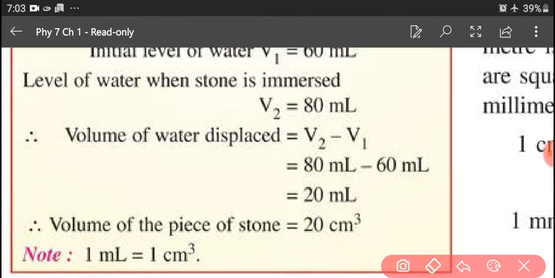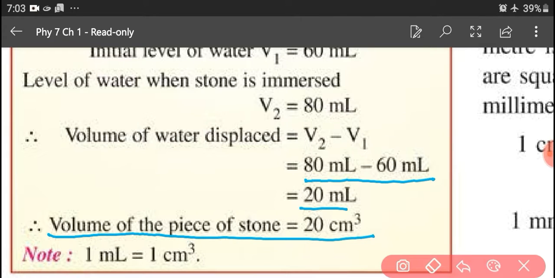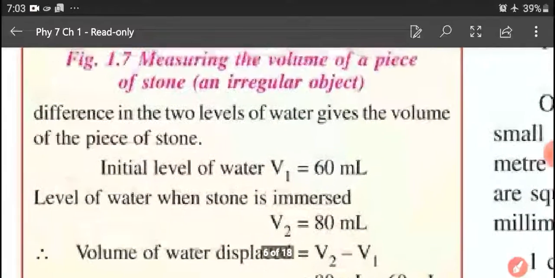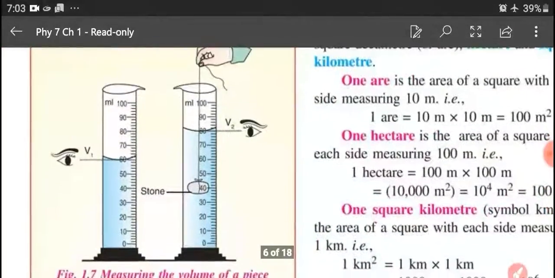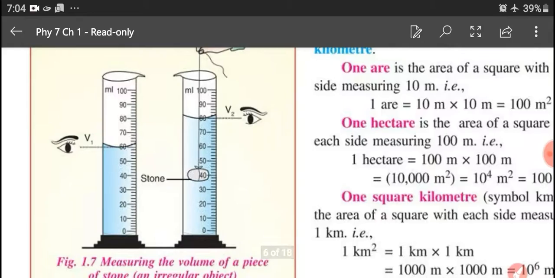Then 80 ml minus 60 ml, final level minus initial level, gives the answer 20 ml. That is why the volume of the piece of stone is equal to 20 centimeter cube. The diagram is given here in the activity itself. Please draw it.